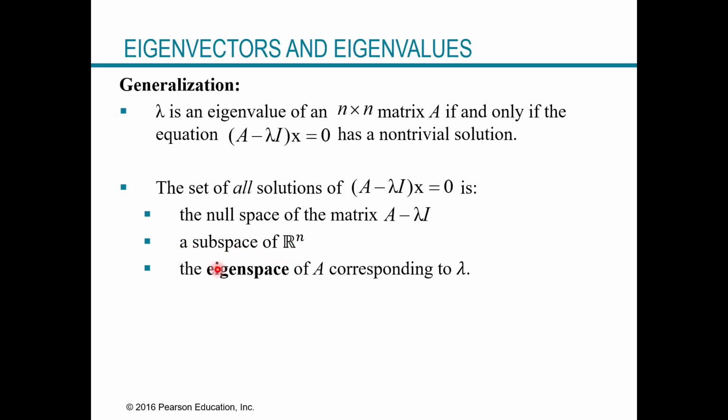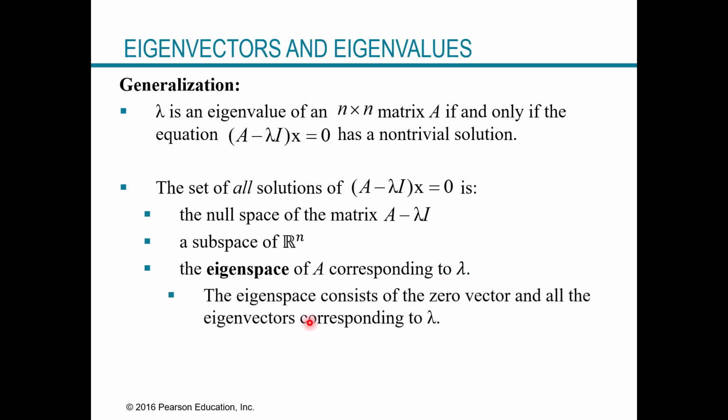But what I want you to know is the new term. This is called an eigenspace. So the set of all solutions to this equation is called the eigenspace of our matrix corresponding to that eigenvalue. And so the eigenspace consists of the 0 vector and all the eigenvectors corresponding to lambda.